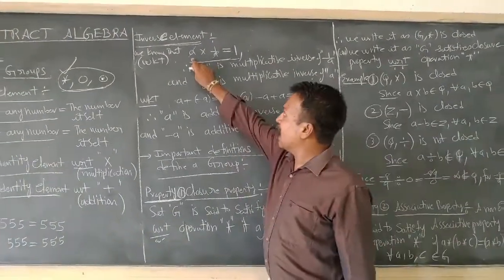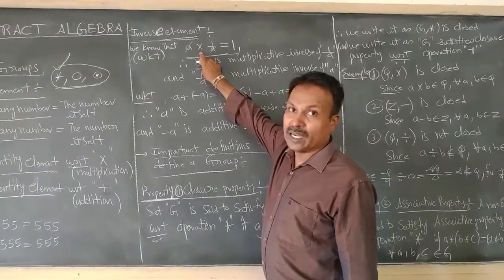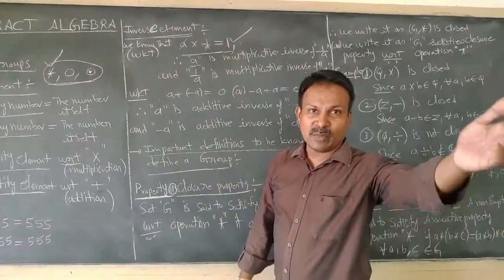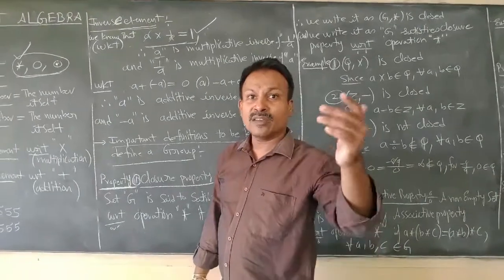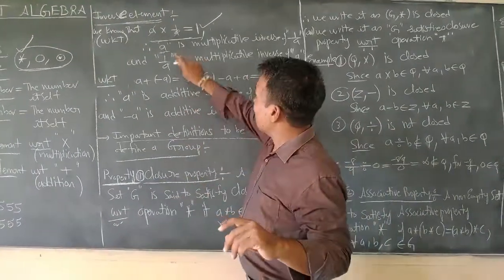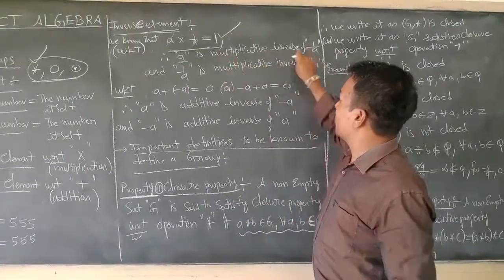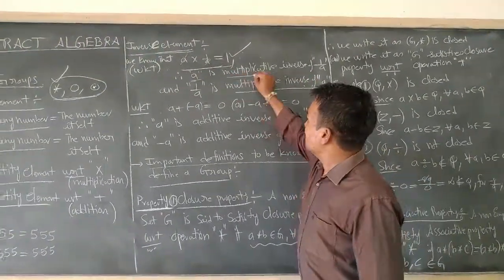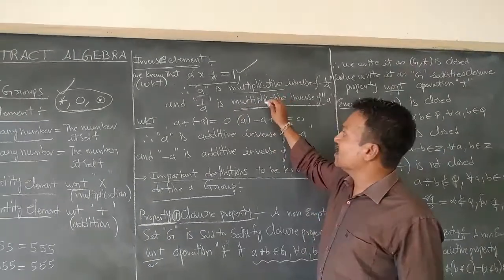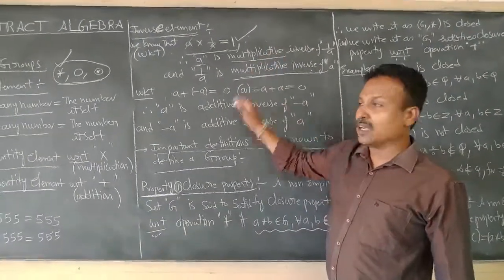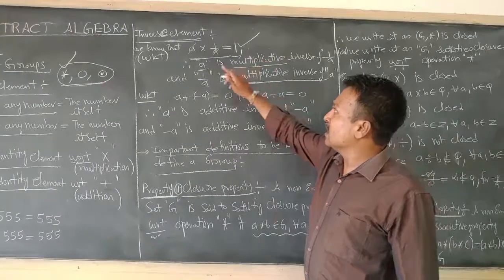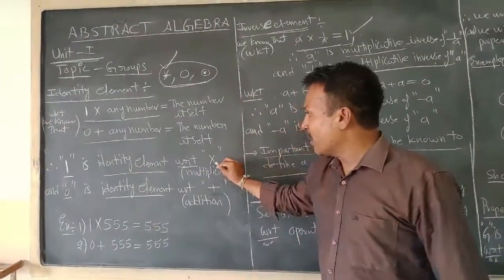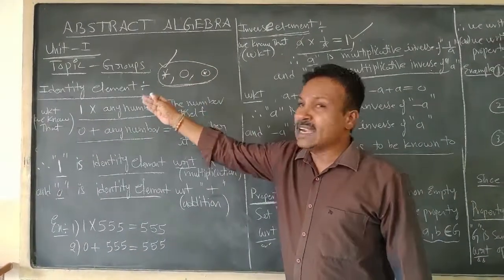Because a and 1/a when operated with multiplication, the resultant value is 1. Here, the operation, multiplication, is to be specified very clearly while representing the inverse element, and we have to represent the operation while representing the identity element.